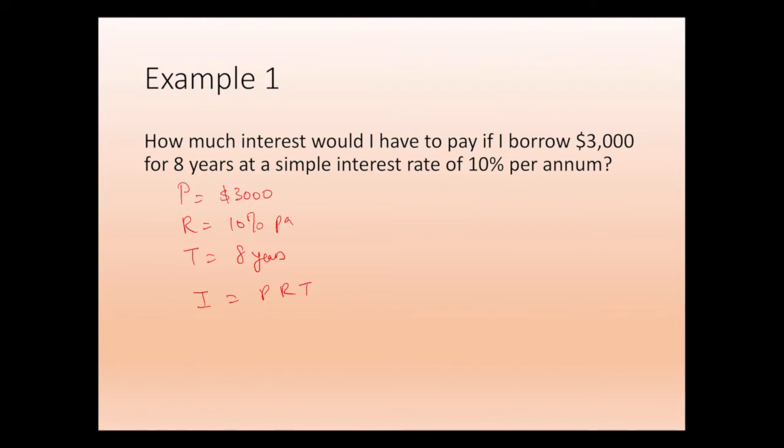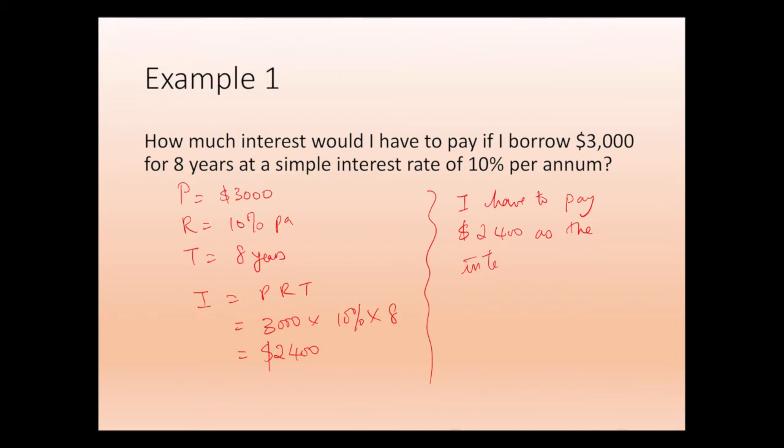Therefore, we know I equals PRT equals 3,000 times 10% times 8. That works out to be 2,400. So to answer the question, I have to pay $2,400 as the interest.